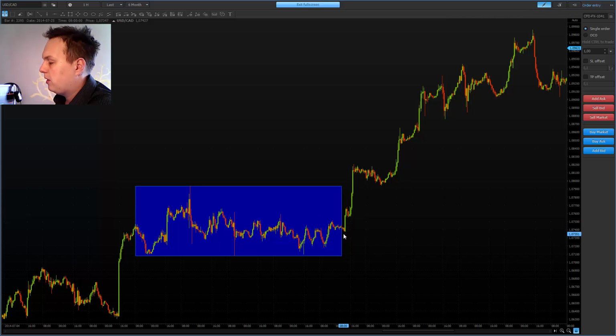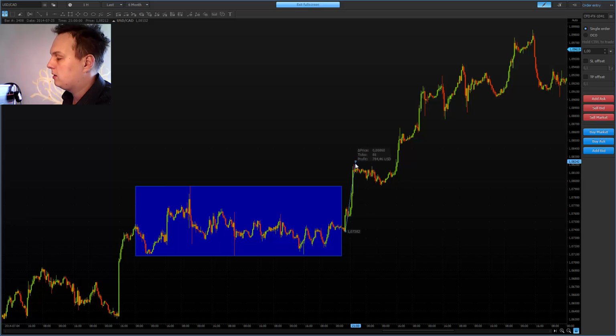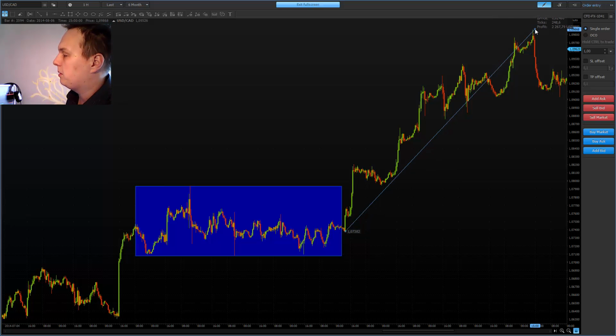What comes next? Eventually, after some time, the market picks a direction. It's information for us that one side has lost and the other side has won this struggle, and here demand exceeded supply. That's why price moved up, and eventually it moved up quite a nice, almost 250 pips.